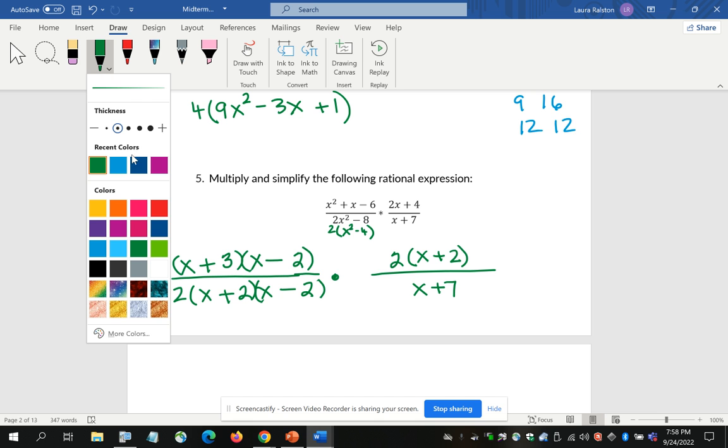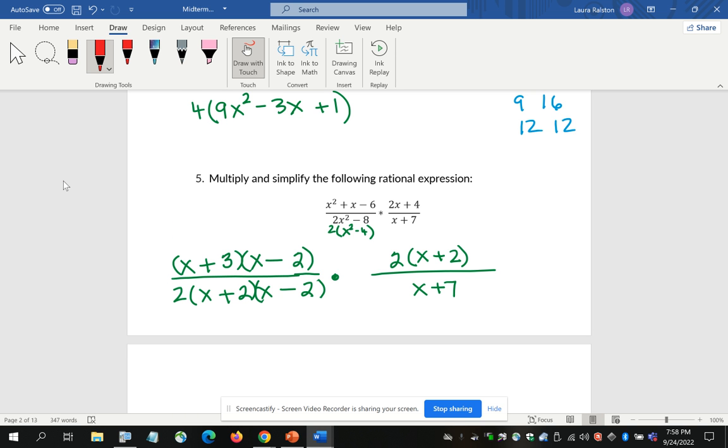When you simplify these particular type problems, we simplify on the bow tie. So if I look diagonally, left to right, I don't have anything in common there. If I look diagonally going up from left to right, I notice that I have a 2 in the numerator and a 2 in the denominator.